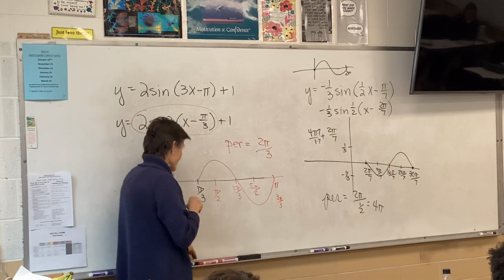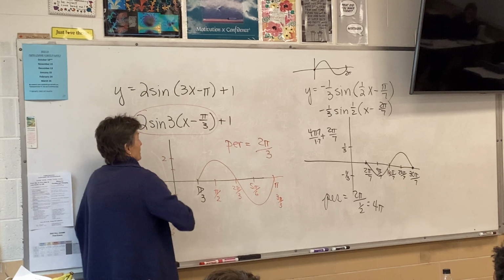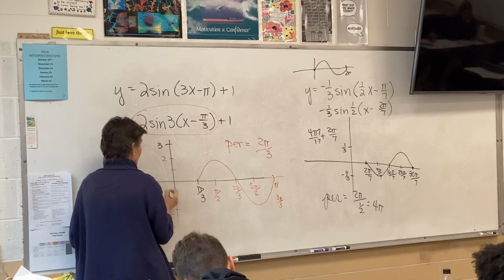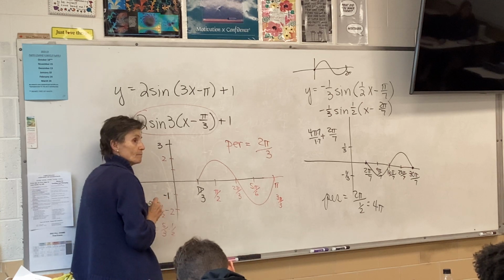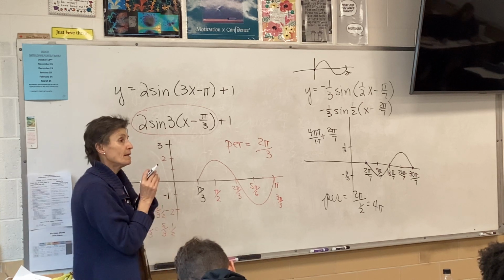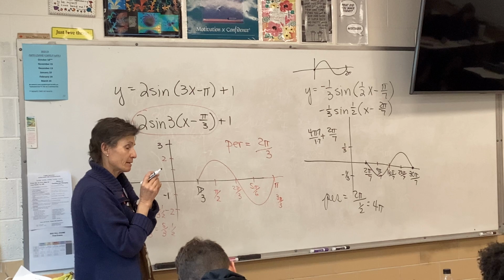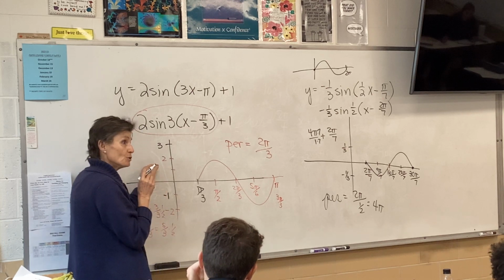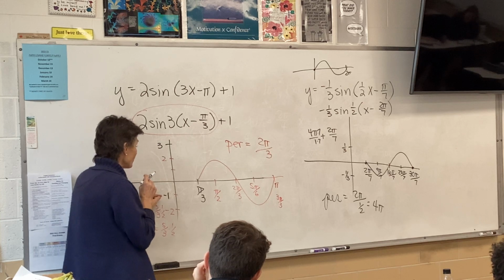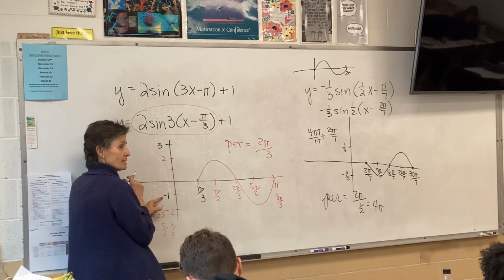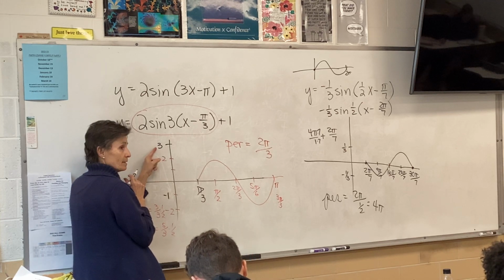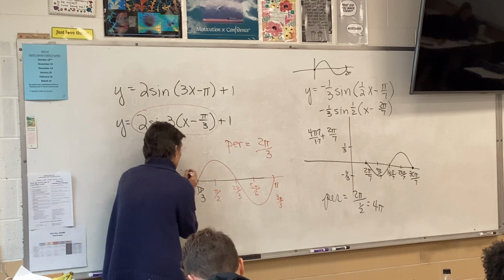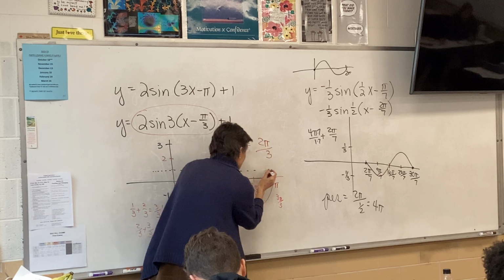Now, what have I not done? Now I have to take the whole picture and move it up 1. So instead of oscillating between -2 and 2, it's now going to be oscillating between -1 and 3. So you can even imagine a new axis through there.